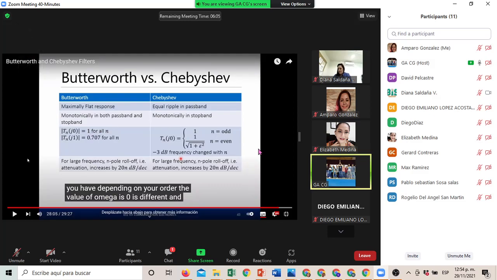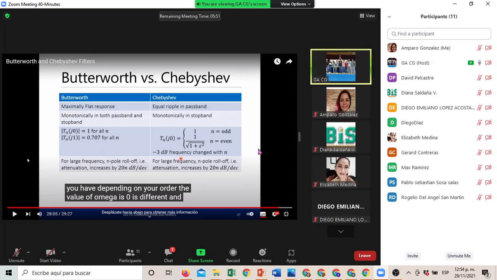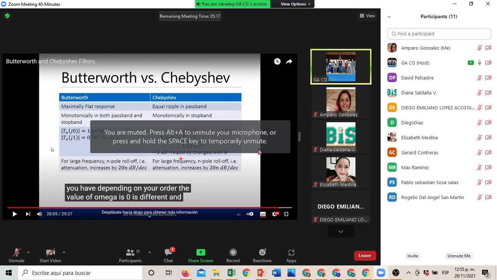Remember when you did the simulation of the Butterworth filters, at the cutoff frequency the attenuation of the filter was approximately 70%, for this value of 0.707. It doesn't matter if you have a filter of the first, second, third, or fourth order, the cutoff frequency will always be at the same point, okay?